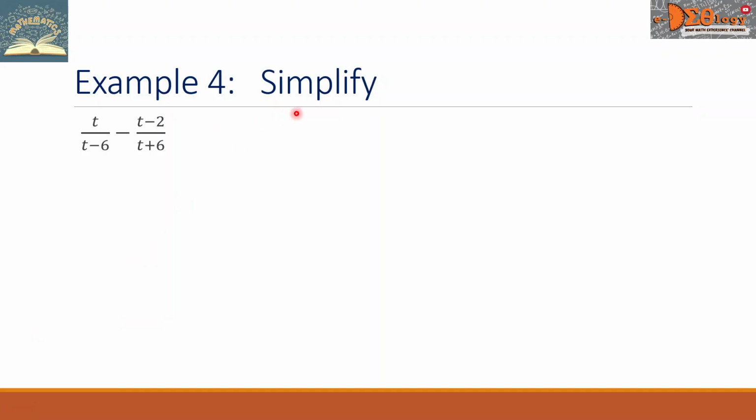Example 4. Simplify t over t minus 6 minus the rational expression t minus 2 all over t plus 6. We can see that the two fractions here have different denominators. t minus 6 is not equal to t plus 6.